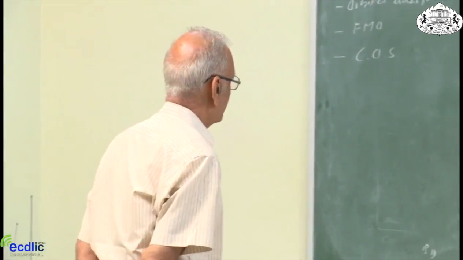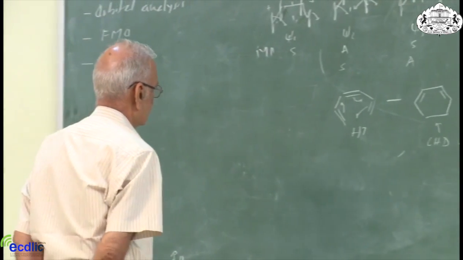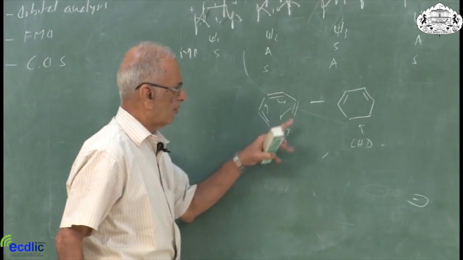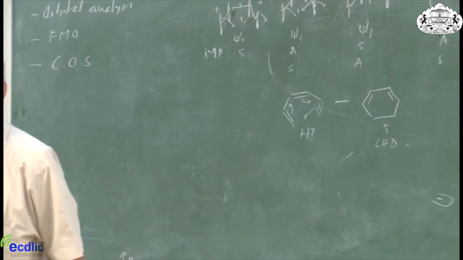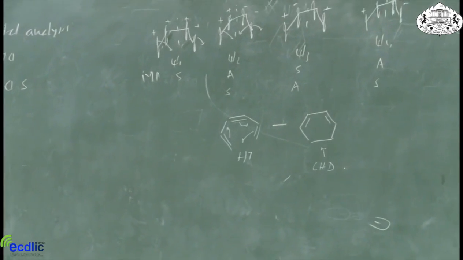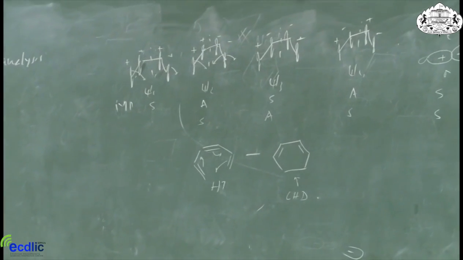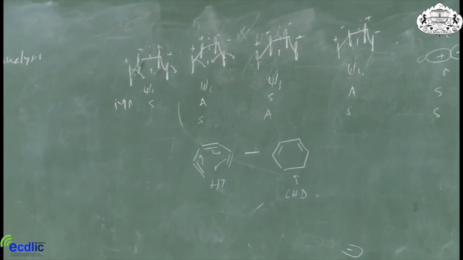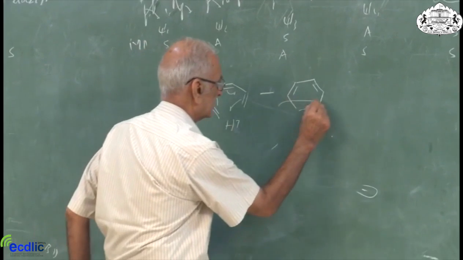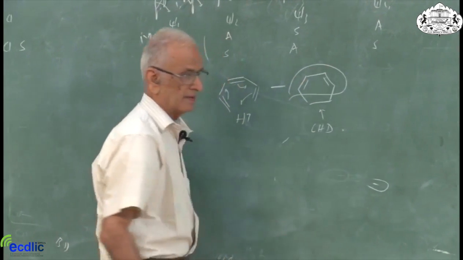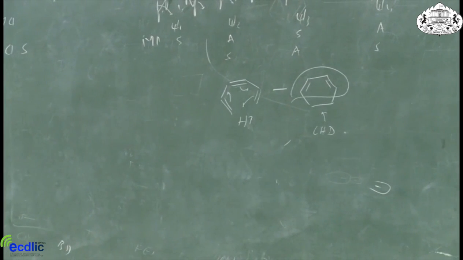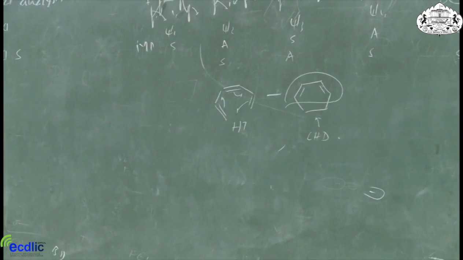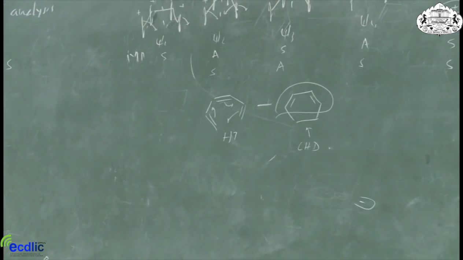When I look at hexatriene, what are going to be my orbitals? The 6 orbitals are going to be the 6 orbitals of hexatriene. And for this part, we will have 4 orbitals of butadiene and sigma orbital and sigma star orbital.